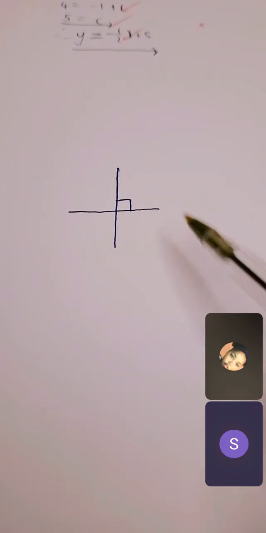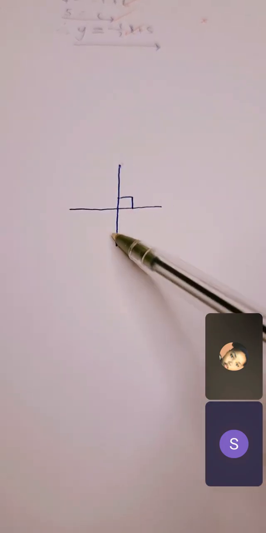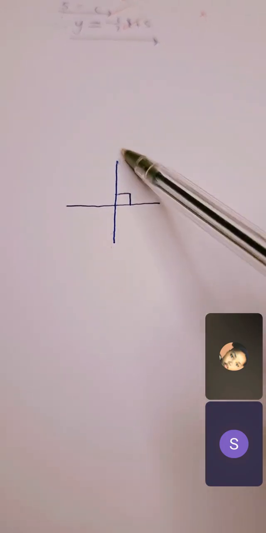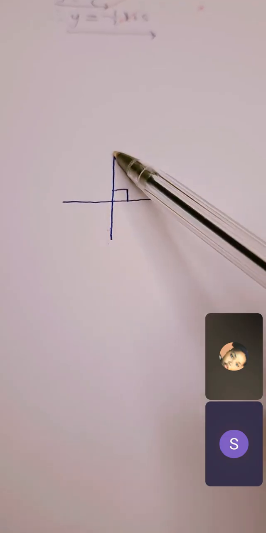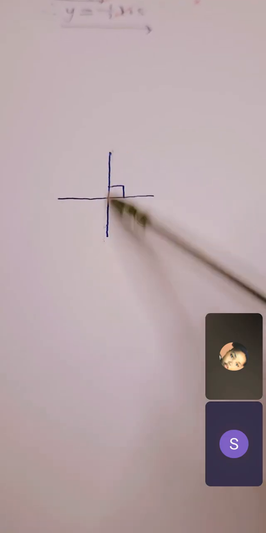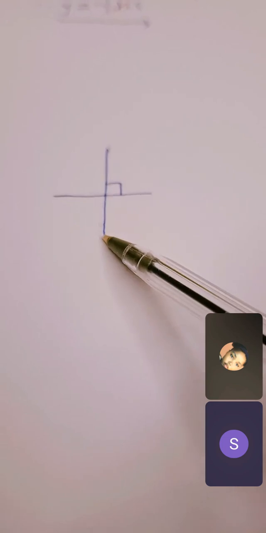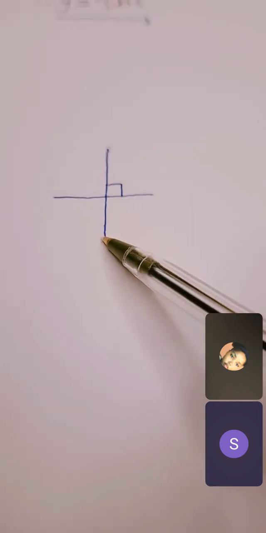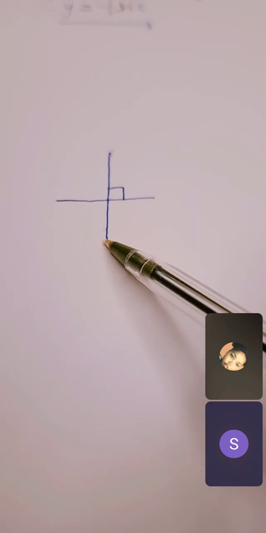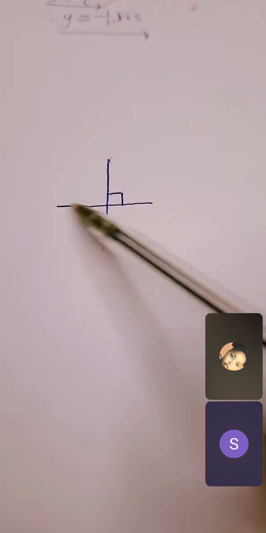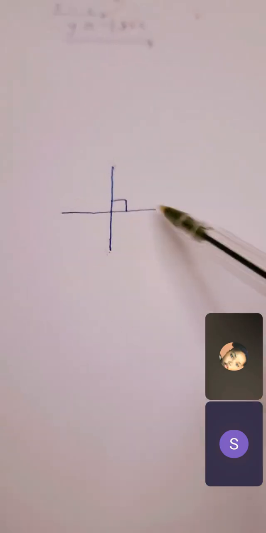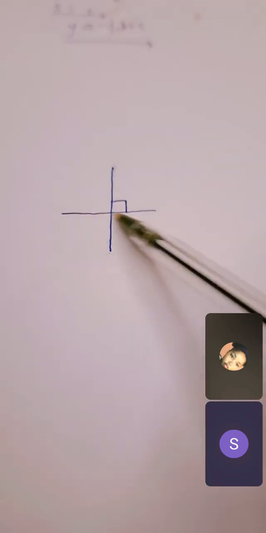But if you calculated the gradient for your y-axis, wouldn't you get a gradient that is undefined? And if you calculated the gradient for your x-axis, wouldn't you get a gradient that is equal to 0?